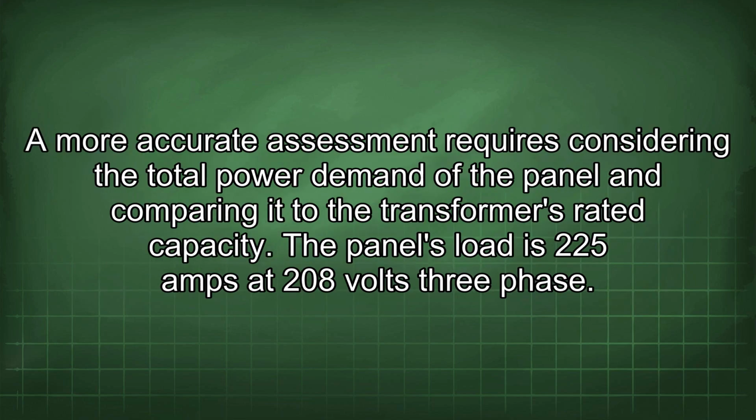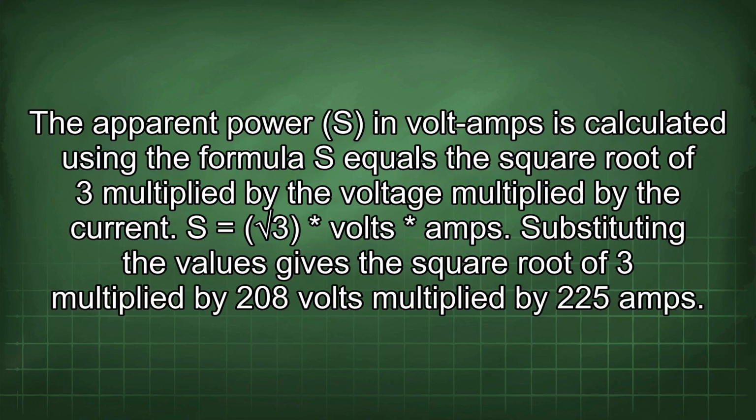A more accurate assessment requires considering the total power demand of the panel and comparing it to the transformer's rated capacity. The panel's load is 225 amps at 208 volts 3-phase. The apparent power S in volt amps is calculated using the formula S equals the square root of 3 multiplied by the voltage multiplied by the current.